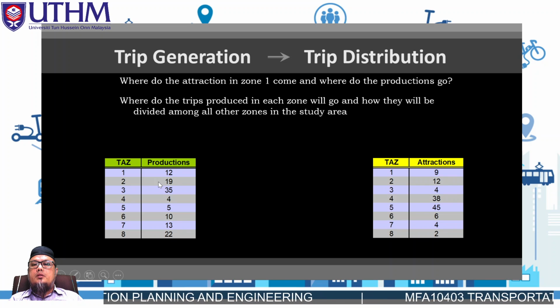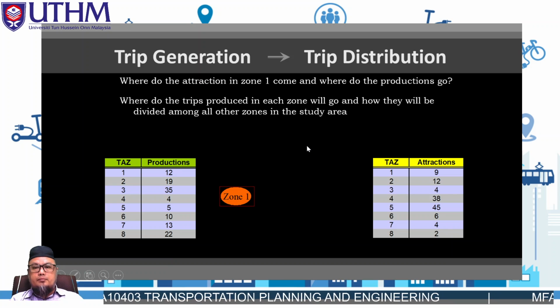So the output will be the trips by trip purposes. From trip generation we have this one, so we're going to move to trip distribution. Where do the attractions in zone 1 come from and where does the production go? Where do trips produced in each zone go and how will they be divided among all zones in the study area?